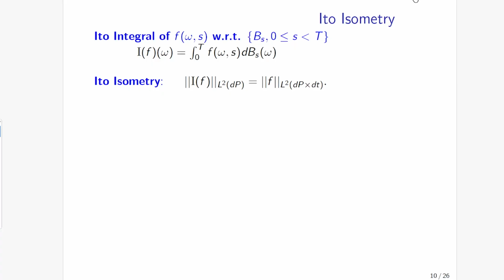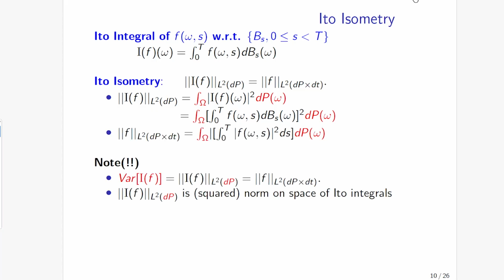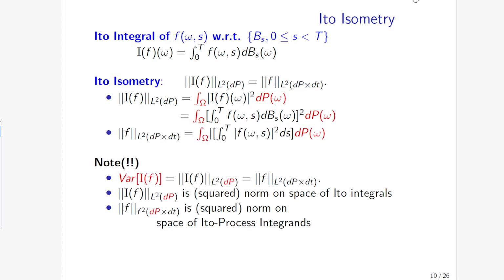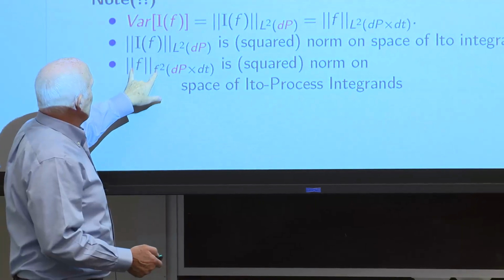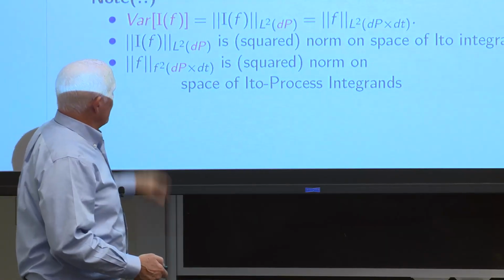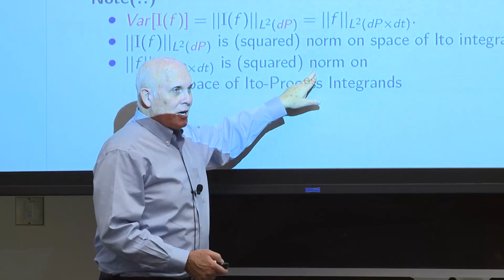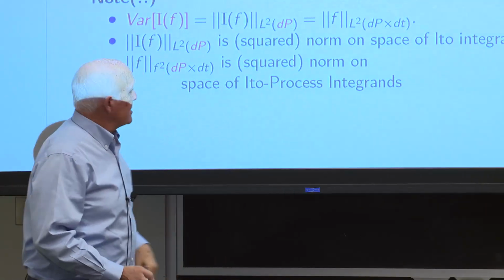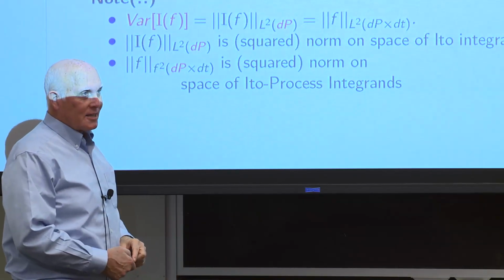Let me get ahead of myself and comment that this norm of our function f is going to be a squared norm on the space of Ito process integrands.